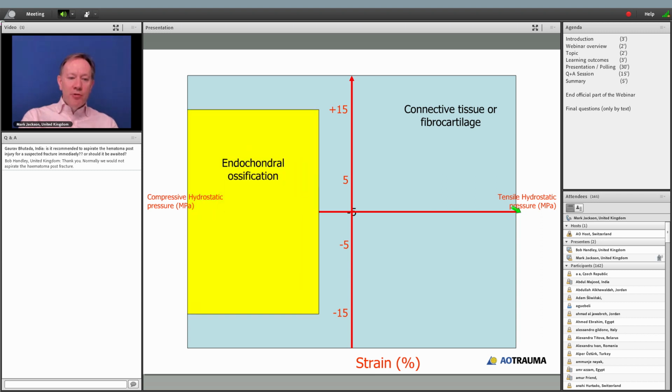And when we have compressive hydrostatic pressures, which are of a magnitude of less than plus or minus 15% strain, we then have endochondral ossification. And when we have very low strain, less than 5%, and either tensile or compressive hydrostatic forces, we'll have bone forming by intramembranous ossification under those circumstances.